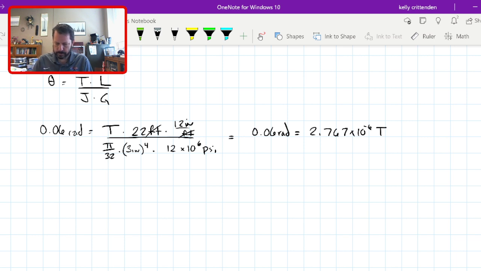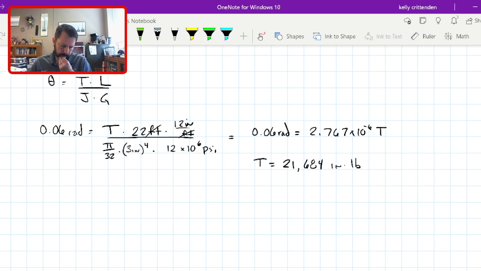Oh, wait, hold on. Oh, there we go. Torque of 21,684 inch-pounds, which is 1,800 foot-pounds.